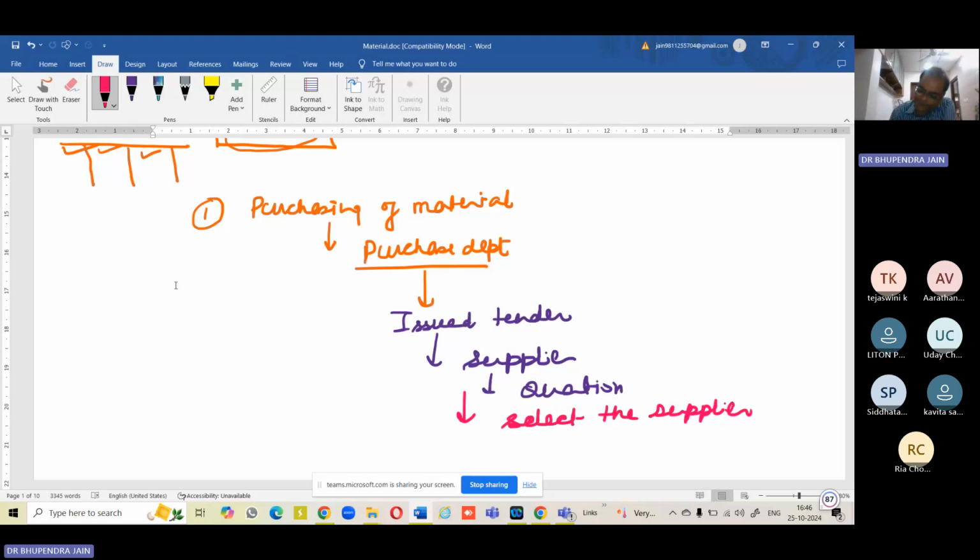Just an example. Suppose one supplier supplies the goods for ₹10 and another supplier supplies the goods for ₹10 and 10 paisa.